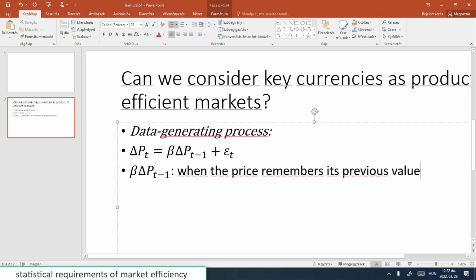And obviously the problem starts when we don't have just a memory for the last trading occasion, so last week for our weekly data set, but if it remembers the previous weeks and so on.